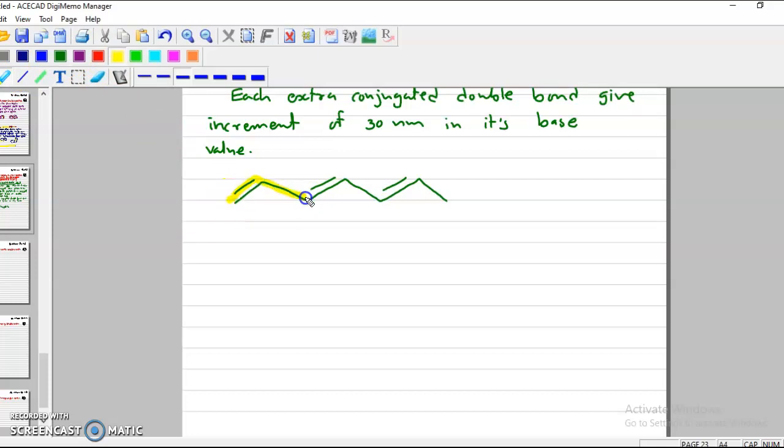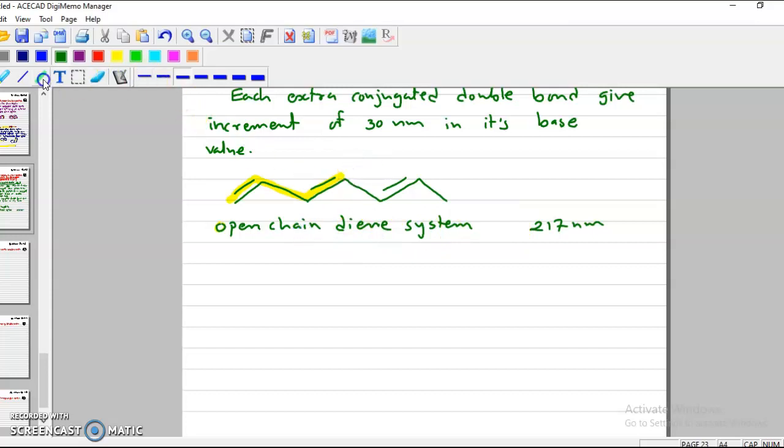So this is your system, the open chain diene system, which is shown in yellow. And you know that for open chain diene system base value is 217 nanometer. That we have to write here.